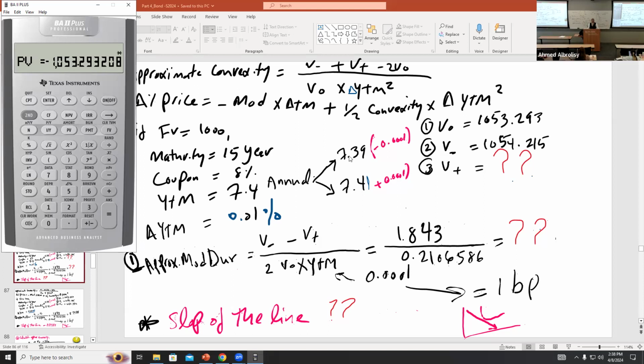So the 7.3, when interest rate goes down, to calculate V minus, you use 7.39, which is 1 pip down. And this is the only thing we're gonna change in the calculator. IY, compute present value, is going to be 1,054.215.